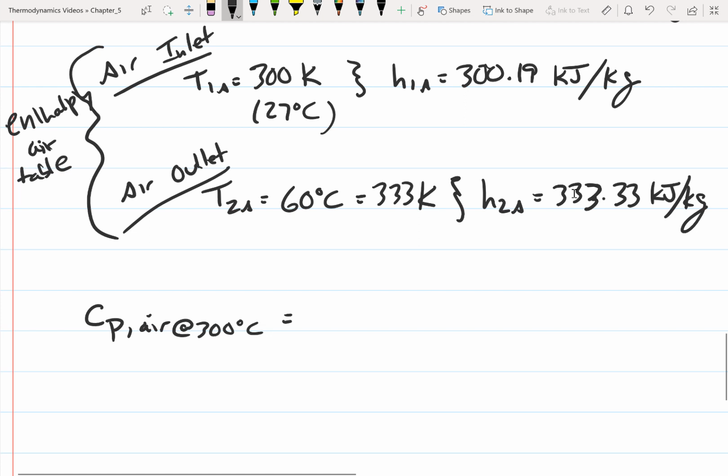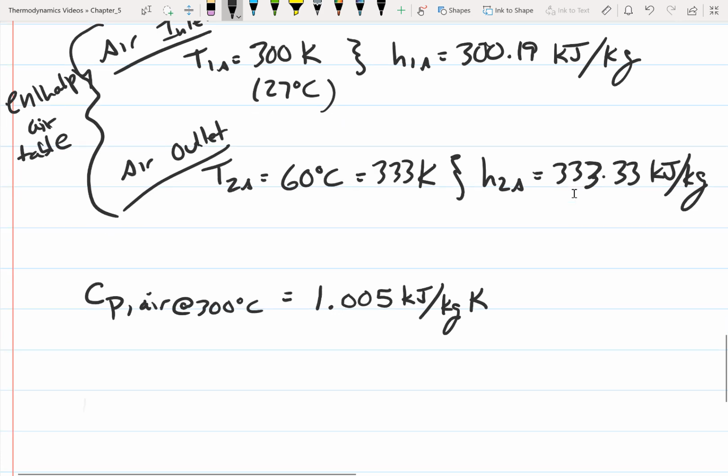So basically, I'm just using 1.005 kilojoules per kilogram Kelvin. Although if you wanted to interpolate and get a more specific value, there would be no problem in doing that. I just think you would end up with probably about the same answer.